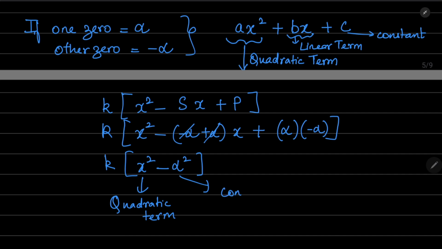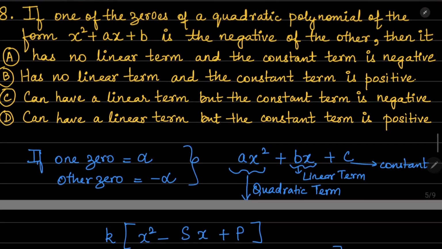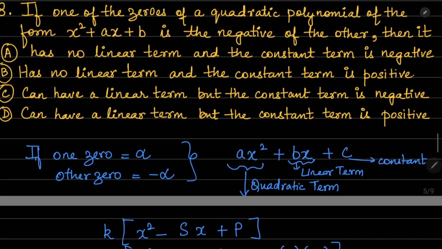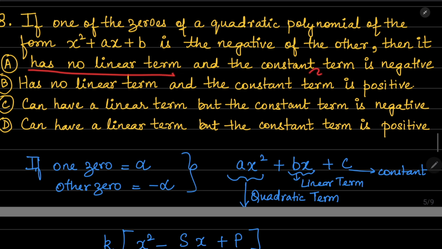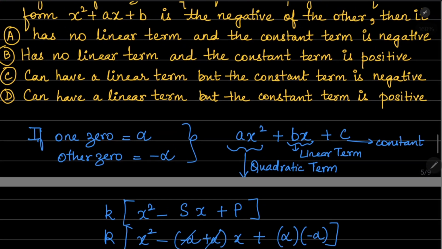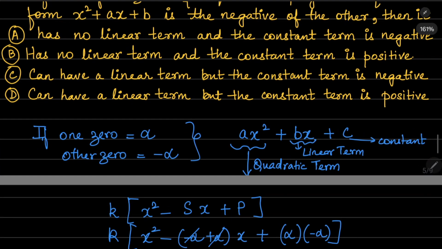So the constant term is present, however, but it is negative. And does it have any linear term? Does it have any x term? No x term. So look at the first option: it has no linear term and the constant term is negative. So the correct option is option A, the first option.